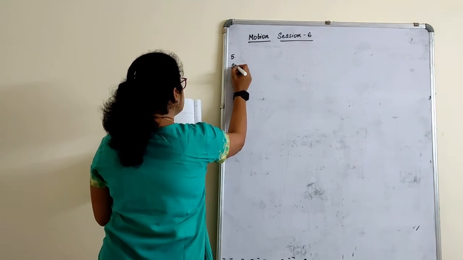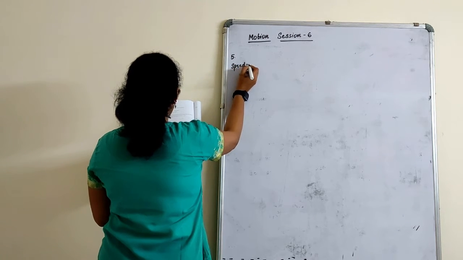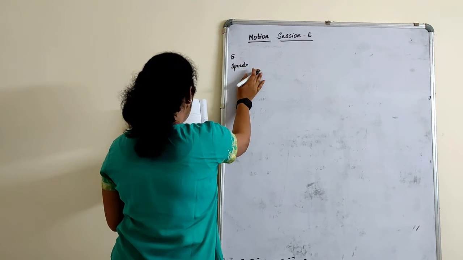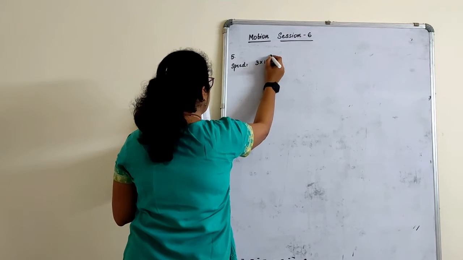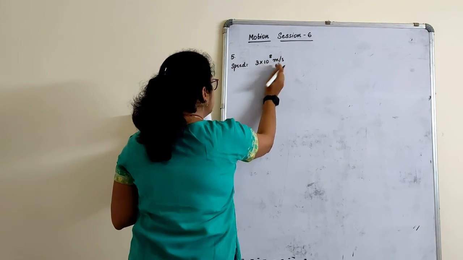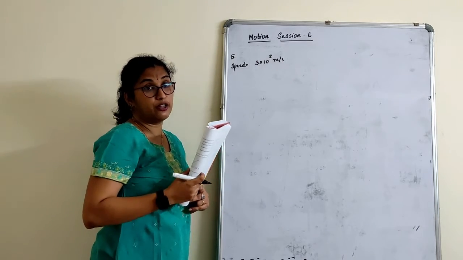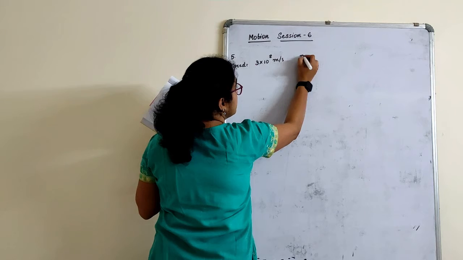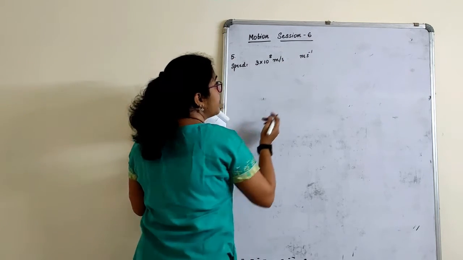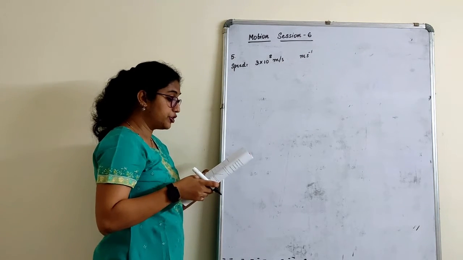So the speed of the signal, the speed of light, we should know: 3 into 10 raised to 8 meters per second. This is the standard speed of light. Meters per second can also be written as ms minus 1. You all should know this, children, in exponential form.